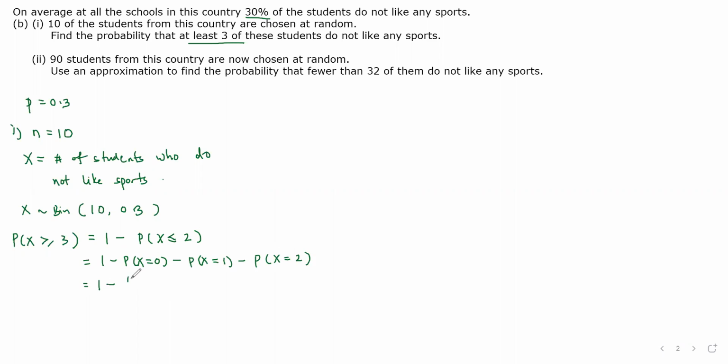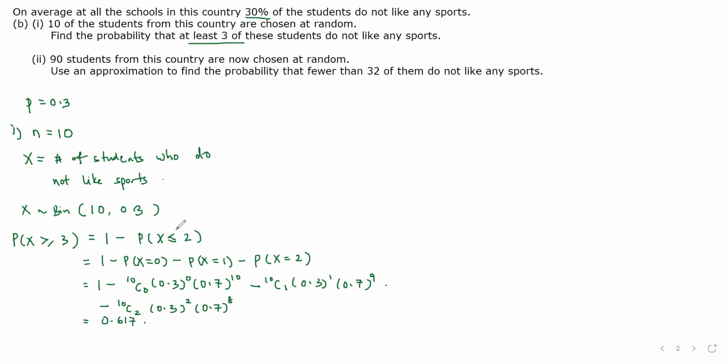The probability X equals 0 is 10C0, 0.3 to the 0, 0.7 to the 10. The probability X equals 1 is 10C1, 0.3 to the 1, 0.7 to the 9. And the probability X equals 2 is 10C2, 0.3 to the 2, 0.7 to the 8.